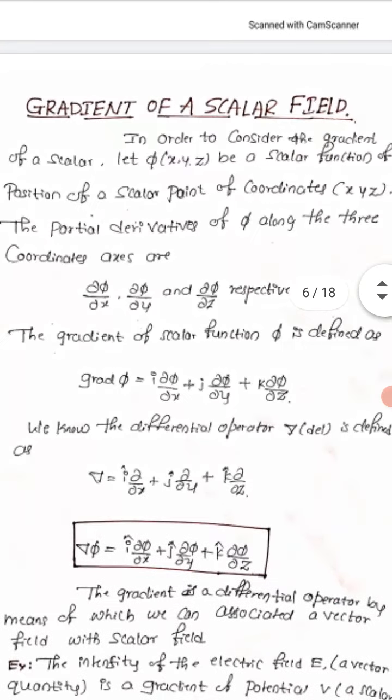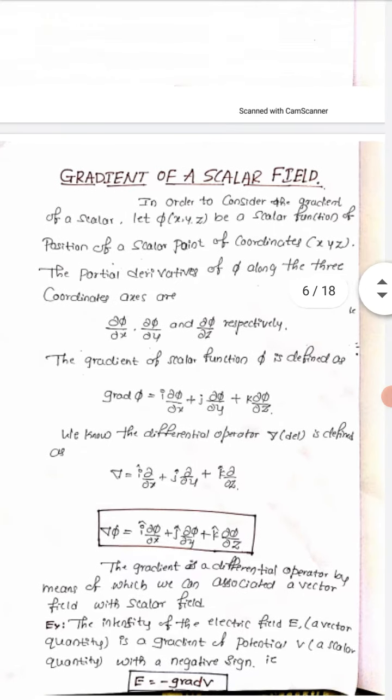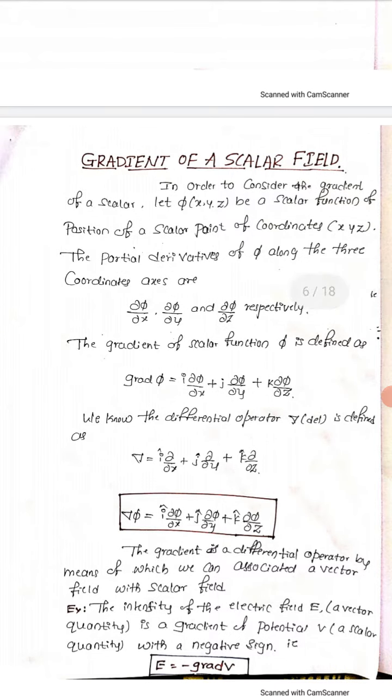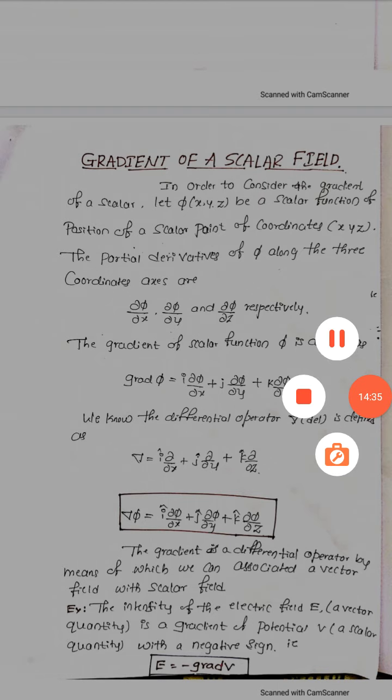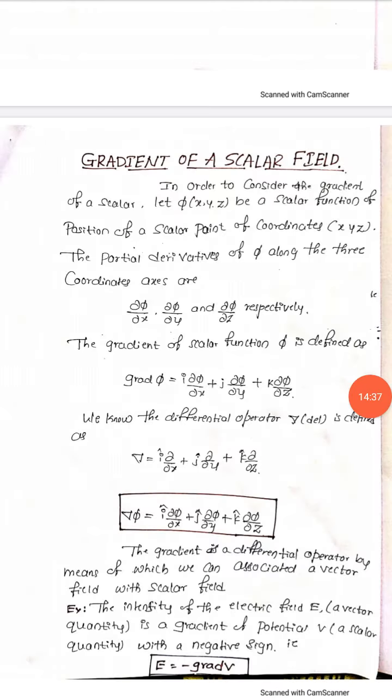Dear students, the new concept is the gradient of a scalar field. In order to consider the gradient of scalars, let psi of x, y, z be a scalar function of position of a point with coordinates x, y, z.